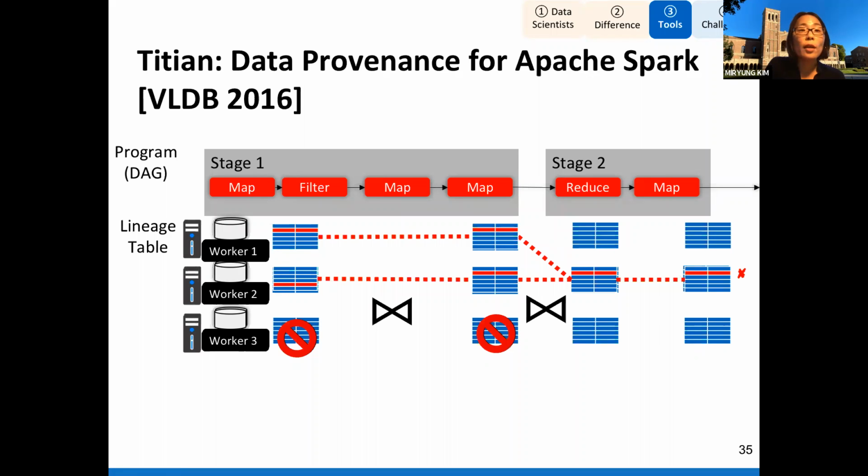For some of us who are familiar with dynamic tainting or taint propagation in software engineering, you may think, oh, this is a solved problem. We've been doing this for many years. What's really interesting about the challenge in this domain of big data analytics is that when you're dealing with terabyte scale data, scalability poses new challenges.